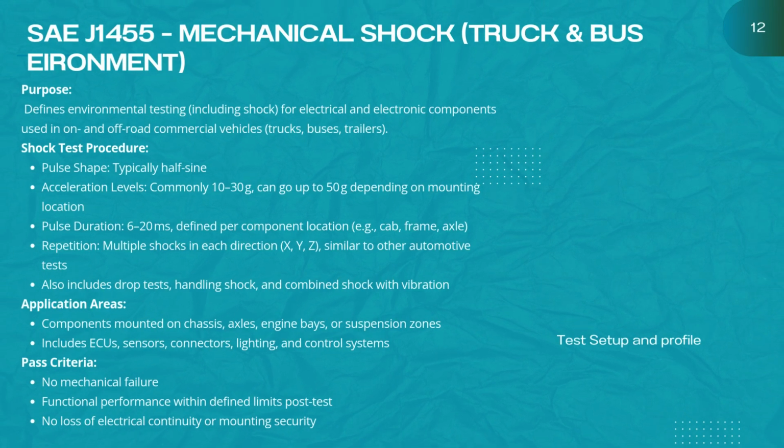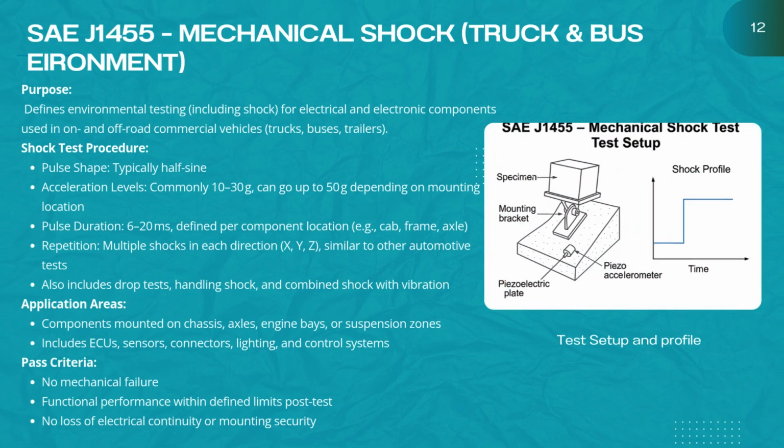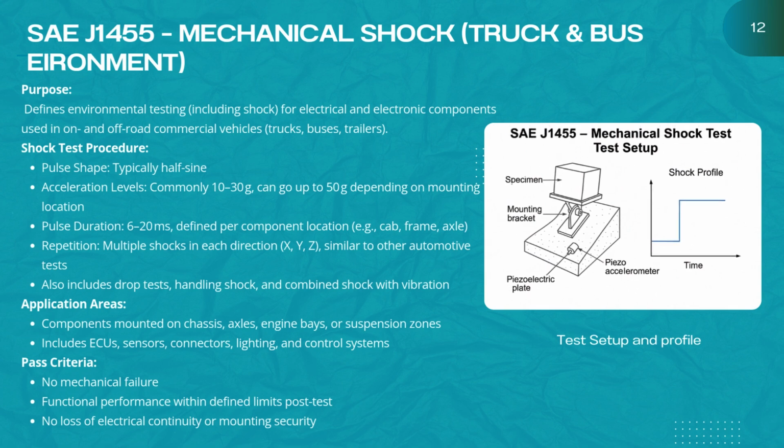SAE J1455. This test is designed for components used in commercial vehicles like trucks, buses, and trailers. It ensures that electrical and electronic parts can withstand shock in real-world operating conditions, both on-road and off-road.